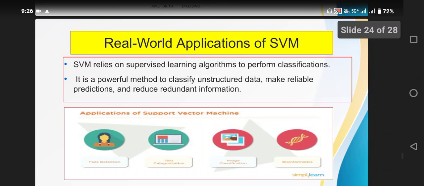Some of the real-world applications of SVM are to classify unstructured data, make reliable predictions, and reduce redundant information. Normally, it is used in face detection, text categorization, image classification, and bioinformatics.